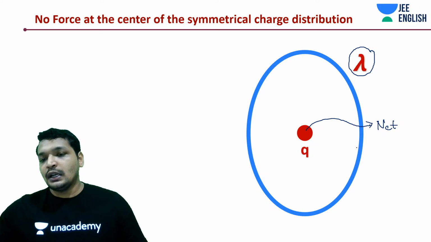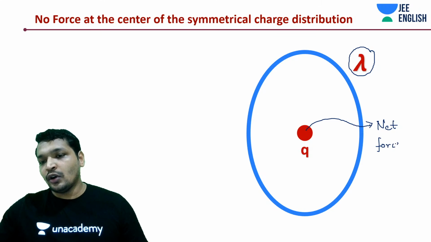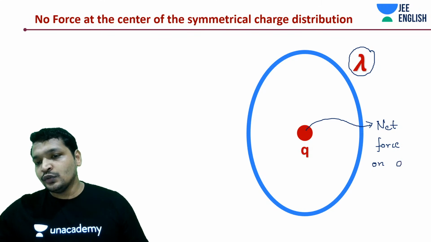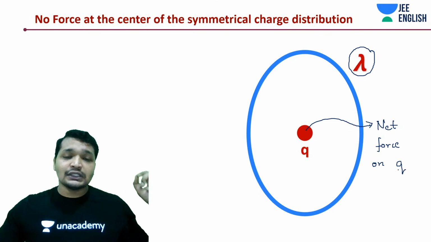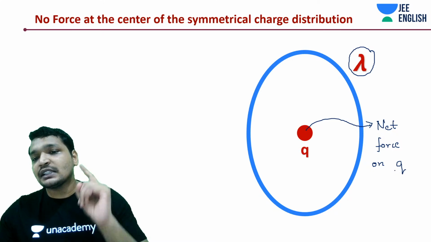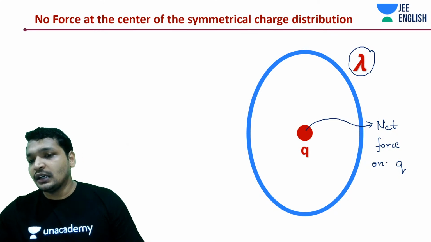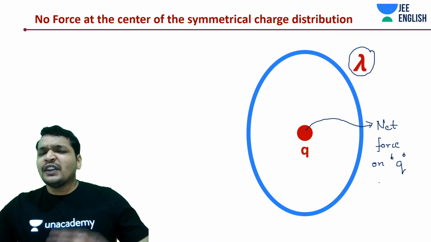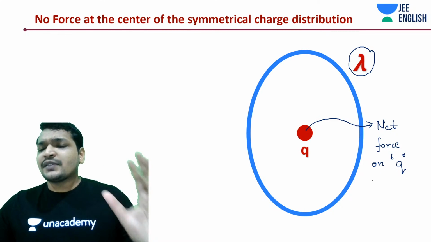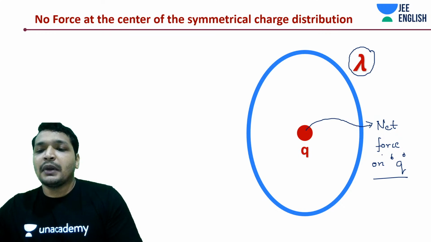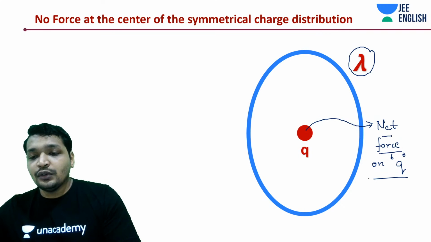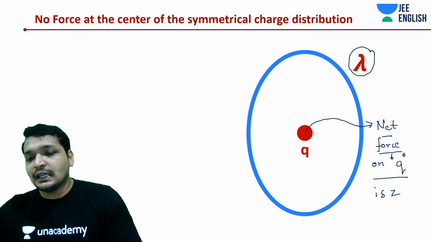Okay, net force on Q is only at its center, not on its axis. On its axis it will experience a force, students, don't forget it. We will understand more of this as we get into electric fields, which is even more interesting than Coulomb's law. But net force on Q is 0 given it is placed at the center.